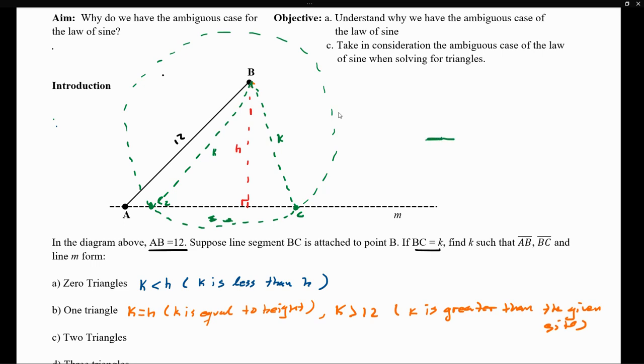We could have a very short triangle, where notice that we're not changing anything.